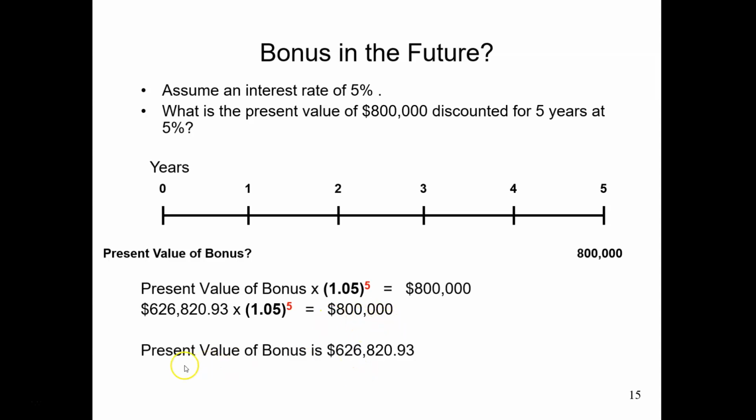So we say the present value of this bonus plan is $626,000. You can write this $800,000 over 1.05 to the power of 5. Then it will be $626,000, the same number calculated here.